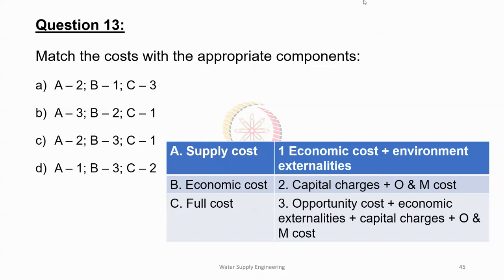So match the following. Option A, A2, B1, C3. Option B, A3, B2, C1. Option C, A2, B3, C1. Option D, A1, B3, C2. So match the cost with appropriate components.